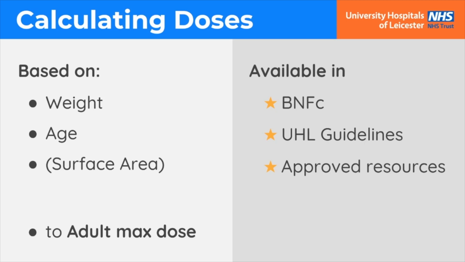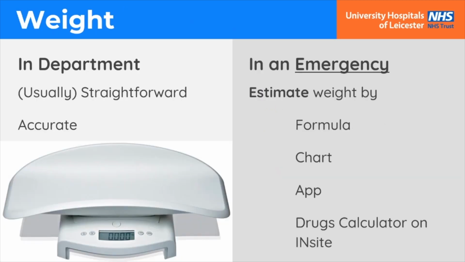So obviously, wherever possible, we want the patient's actual weight recorded as soon as possible. And this is usually pretty straightforward, and it's the most accurate way of determining a safe medication dose for your patient.